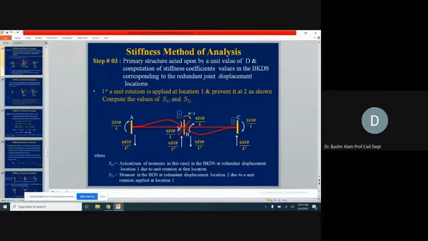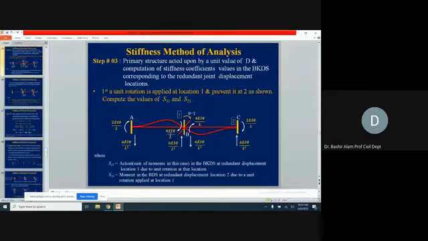How the action will be produced, we start with the moment. The moment will be equal to 4EI theta divided by L at the near end, and its direction will be the same as the direction of the rotation. Rotation was clockwise, so this moment produced from the left hand side span will be clockwise.